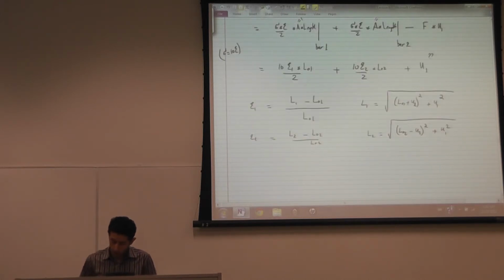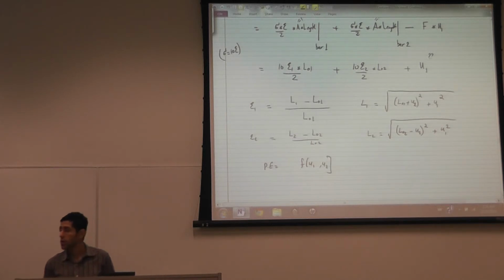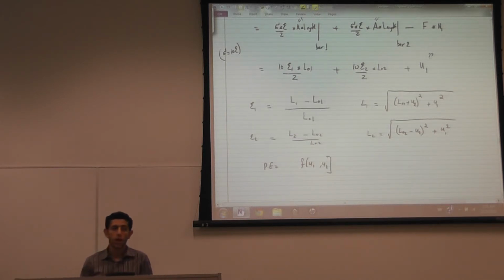And so the potential energy is a function of U1 and U2. A large equation containing the square roots of U1 and U2. And I would like to find U1 and U2 that would minimize the potential energy.